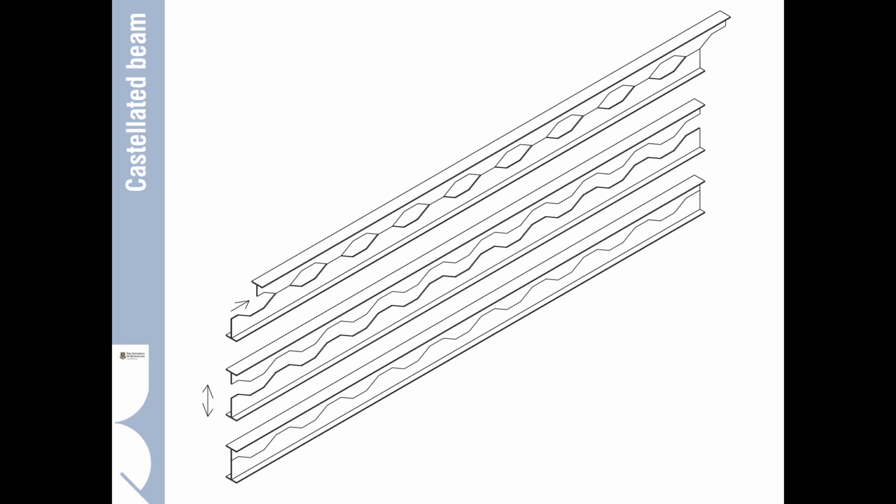Another way that we can treat a standard universal beam is to cut it through the center and then to re-weld it together.